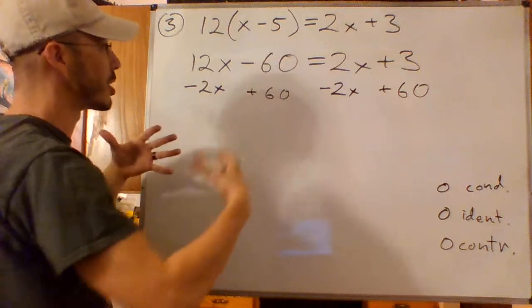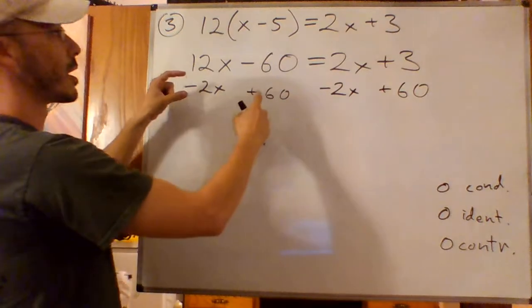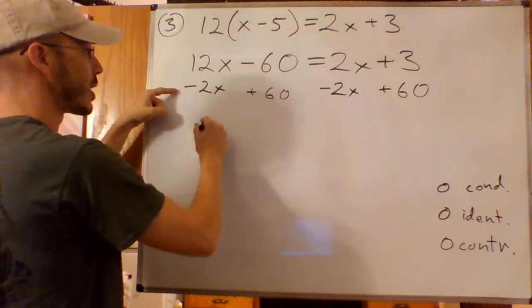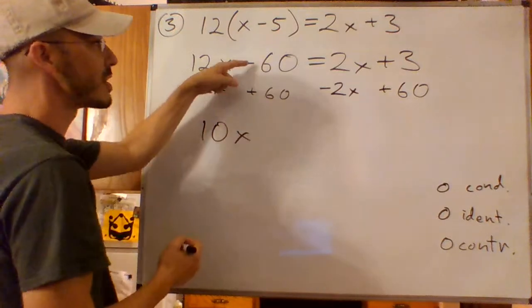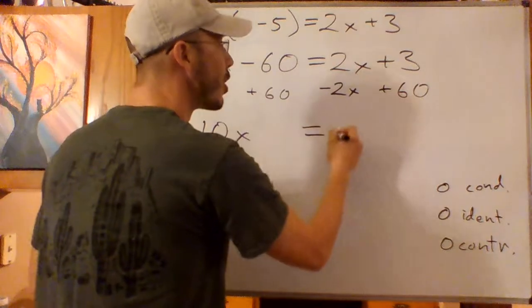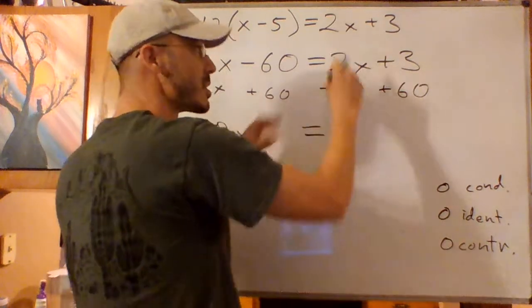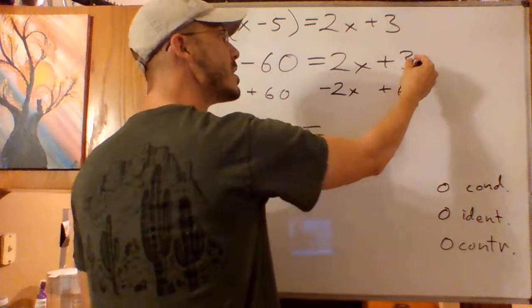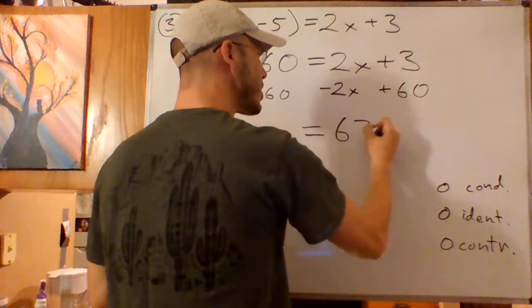Now the next step is going to be almost completely simplified. 12x minus 2x is 10x. And that's all that's left on this side because the minus 60 plus 60 goes away. Over here, the 2x minus 2x, that was the point to get rid of that. Then 3 plus 60 is 63.